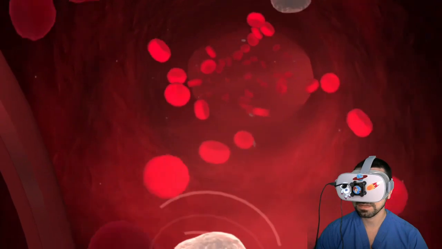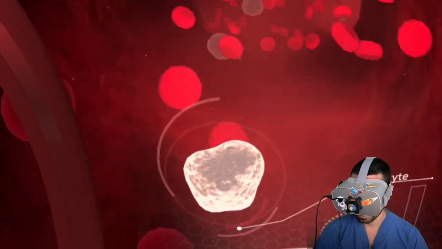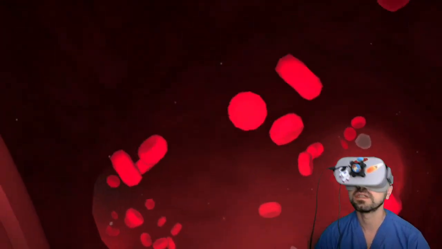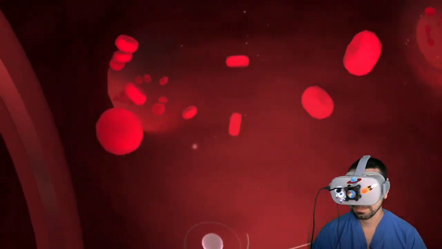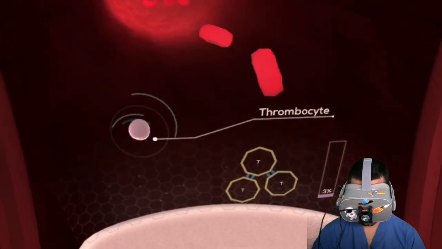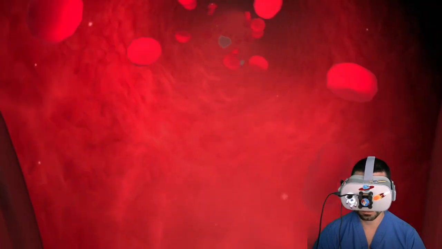These are less than 1% of the blood cells. They protect our body from infections, viruses and bacteria. The other types are thrombocytes or platelets. These are responsible for fixing damaged blood vessels and clotting.